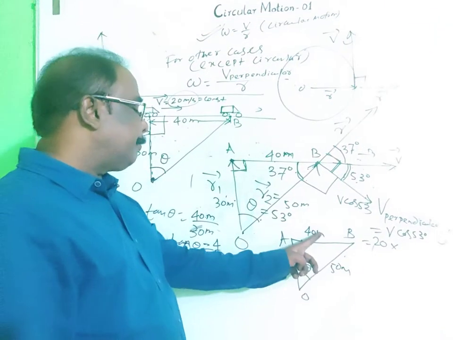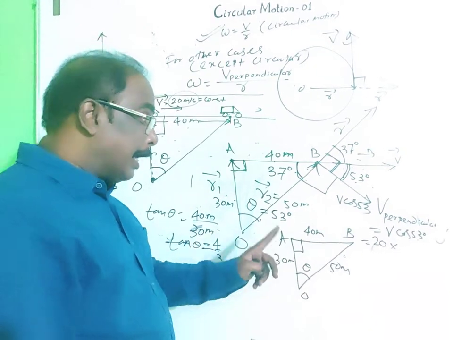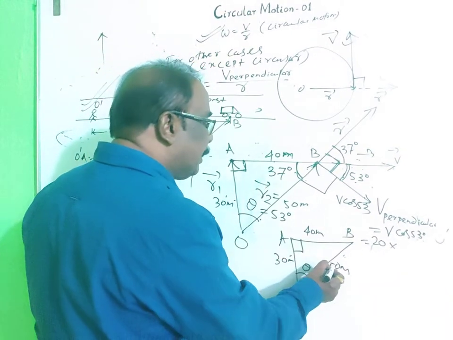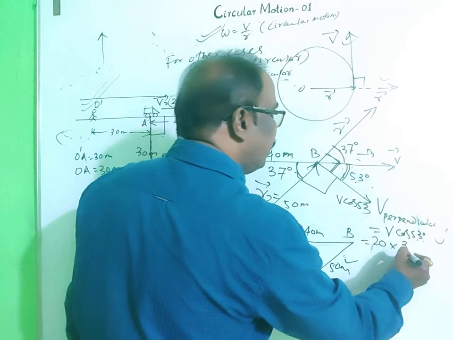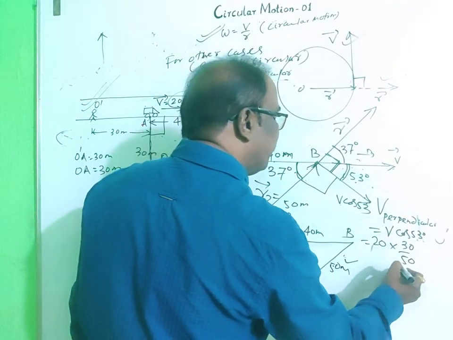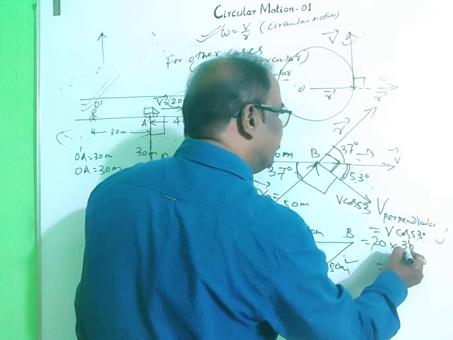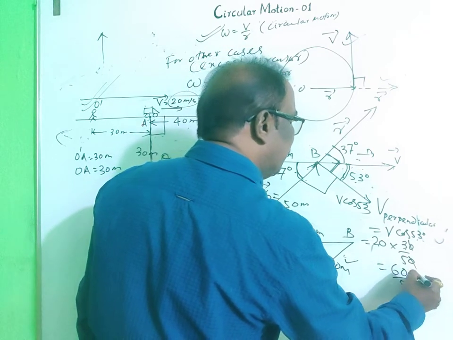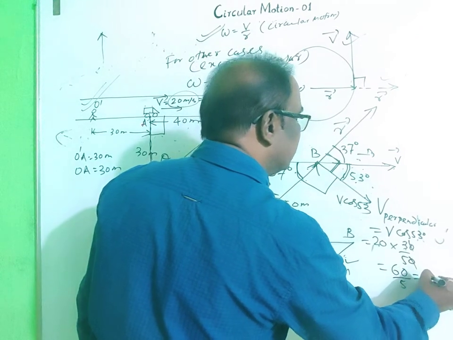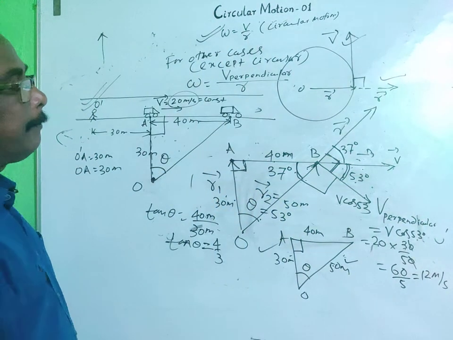Then tan theta is equal to 40 by 30, perpendicular upon base, and cos theta is equal to base upon hypotenuse, meaning 30 by 50, or 3 by 5. Then this comes to 20 into 3, 60, divided by 5, that is 12 meter per second.